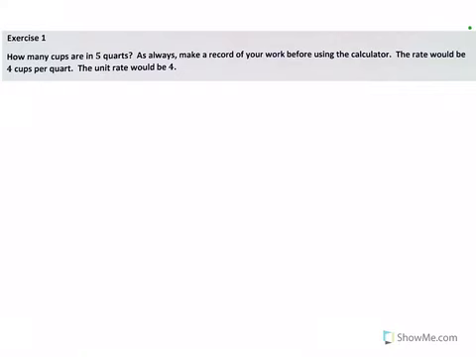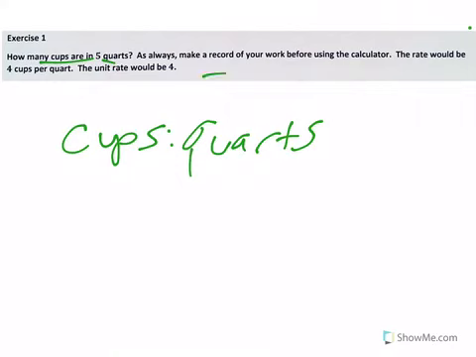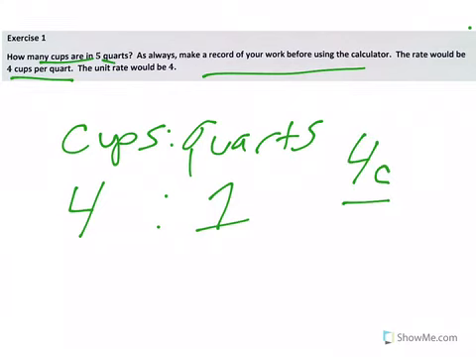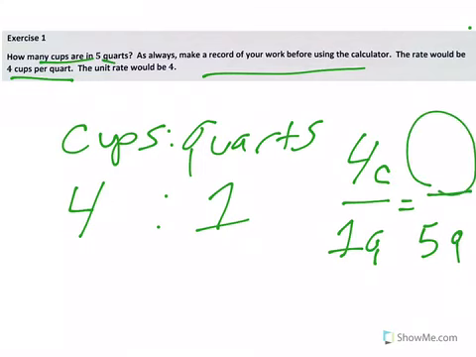All right, let's look at one more example together. How many cups are in 5 quarts? So I'm going cups to quarts. Cups to quarts will be my ratio. Make a record of your work, basically saying show your work. The rate would be 4 cups per quart, right? So that's 4 to 1. So if I know it's 4 cups per 1 quart, and I want to find out how many cups there would be if I had 5 quarts, I want to find out this number here.